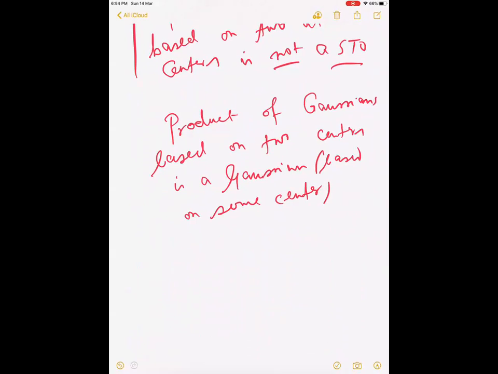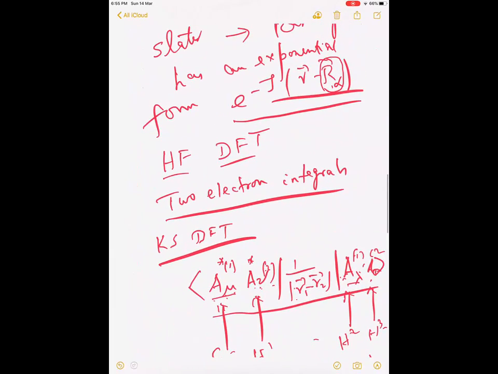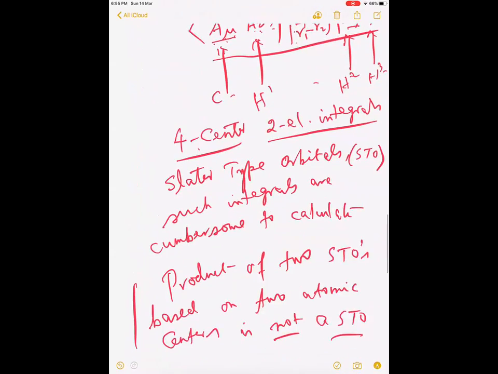What is the difference between Slater and the Gaussian? The main difference is in the radial part, where the exponential part now becomes exponential minus alpha times the distance from the atomic center, squared. So if you look at the Slater and the Gaussian, you have an exponent r minus r alpha. Here also you have an exponent.